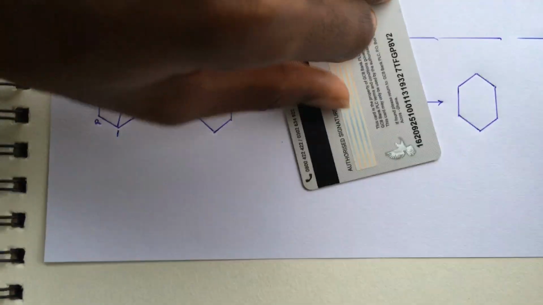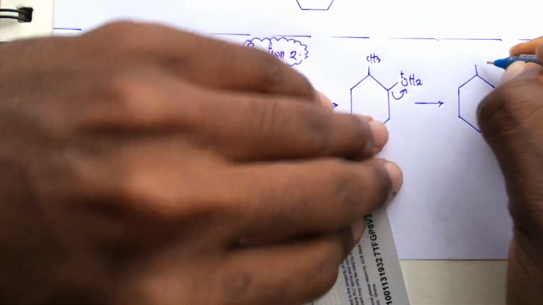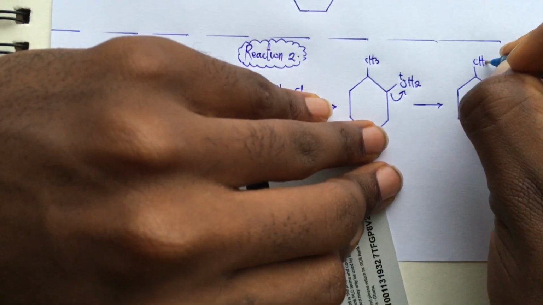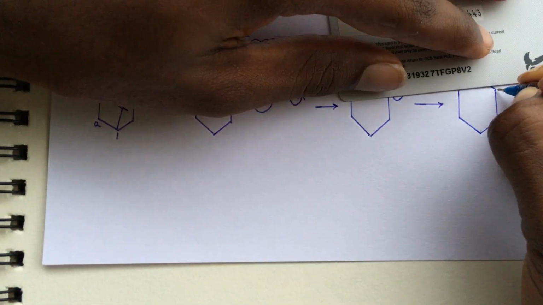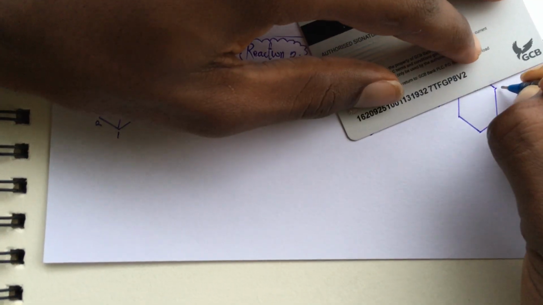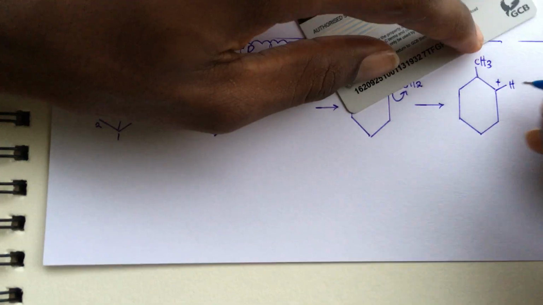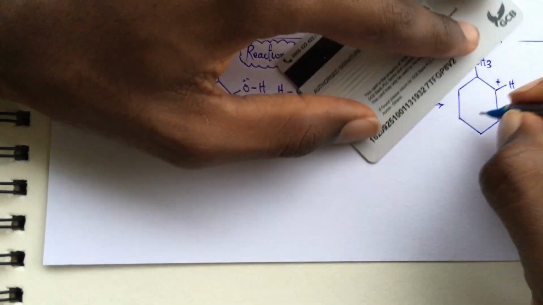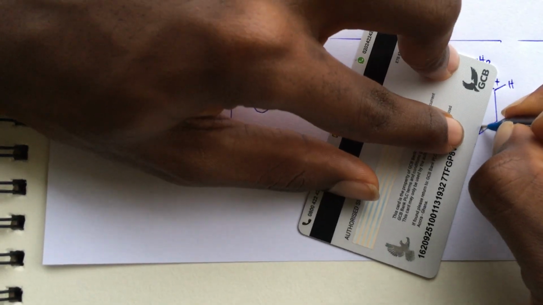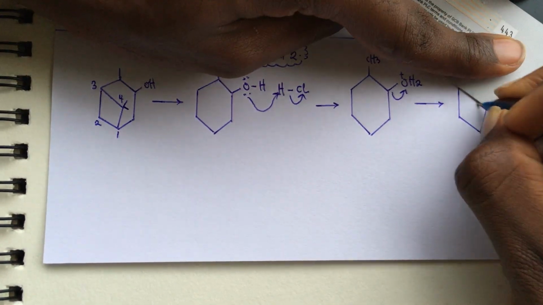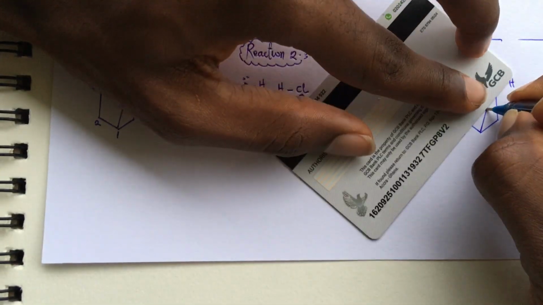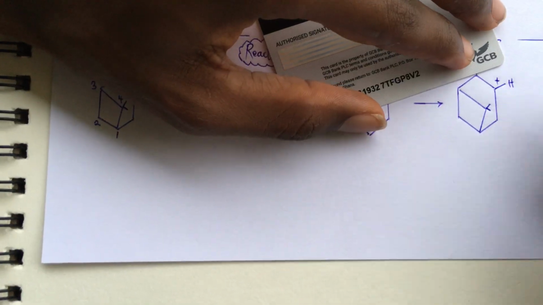On this side you have your methyl group, CH3, and on this side you have just a positive charge and a hydrogen. So this is a positive charge here. Now let me introduce my ring, because this is where I'm going to do a whole lot of stuff. This is my 4-membered ring with the 2 methyl groups here.